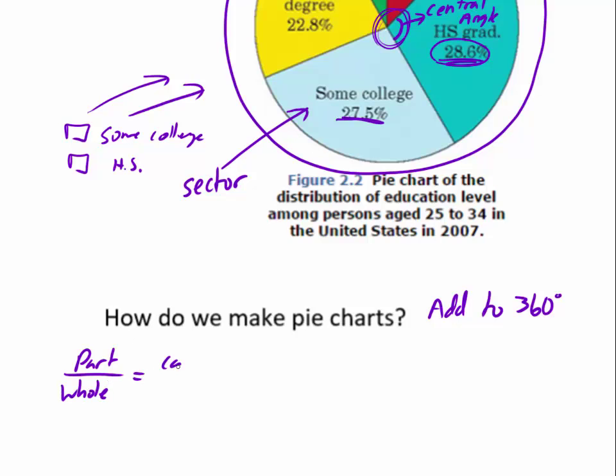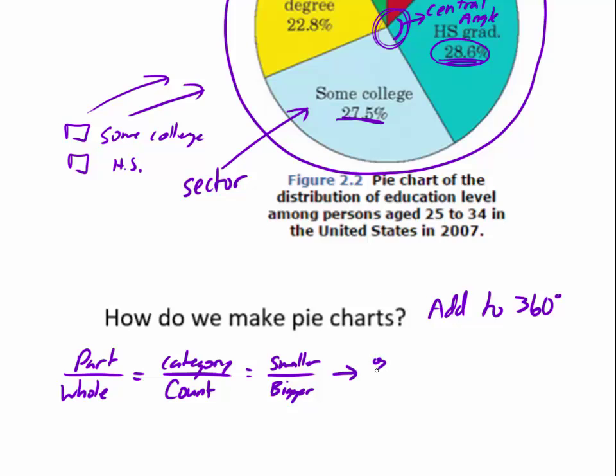We're taking the category and dividing it by the count, if we're using our vocabulary from today. So you should have a smaller number divided by a bigger number.